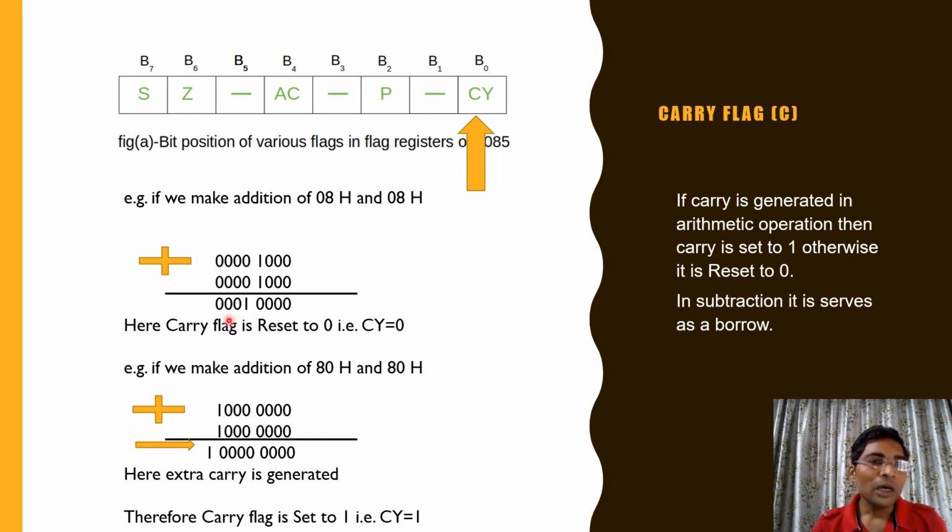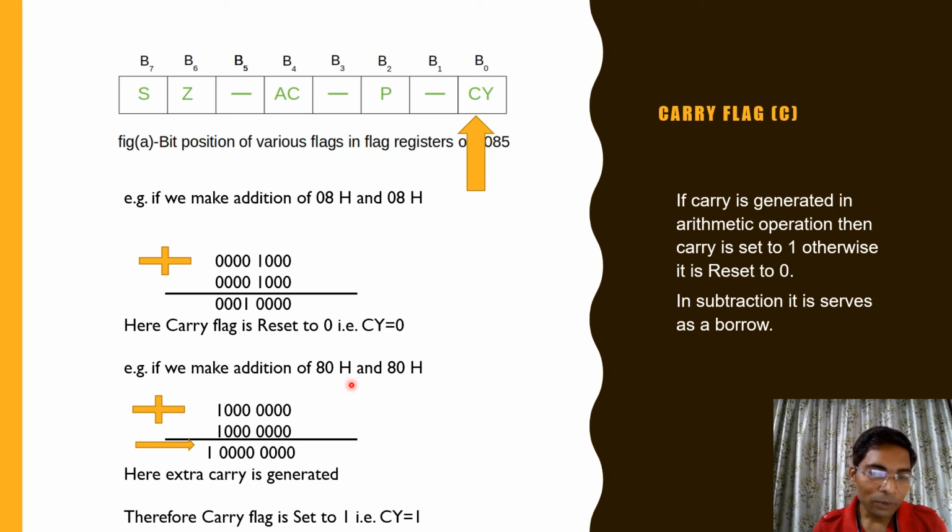So how many bits are there here? 1 2 3 4 5 6 7 8, and the ninth bit is not created. So an extra bit is not created over here. That's why the carry flag is reset to 0, that is CY is equal to 0.